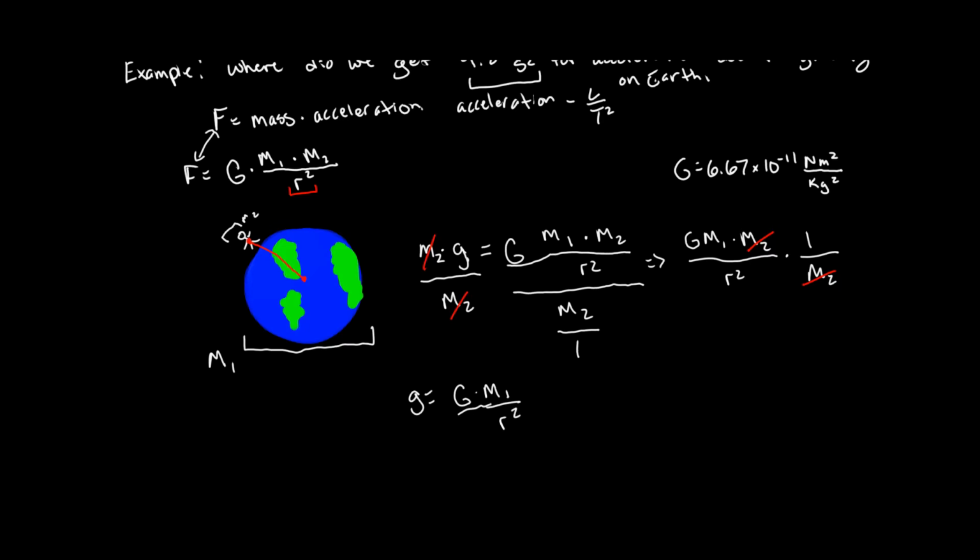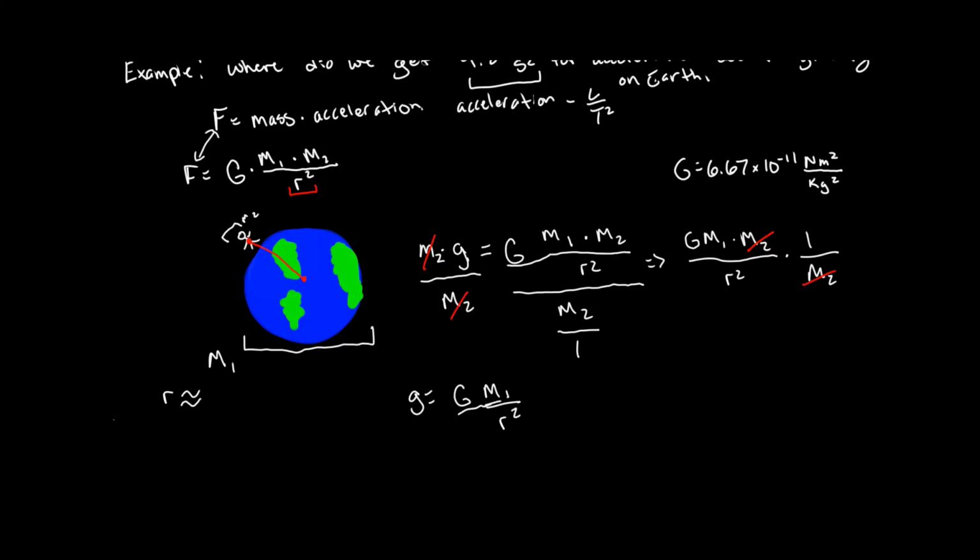M sub 1 over r squared. So now we can plug in some values. So let's look at some values. First, we know that the radius of the Earth is approximately, so anytime we do "is about," we make it a squiggly equals.